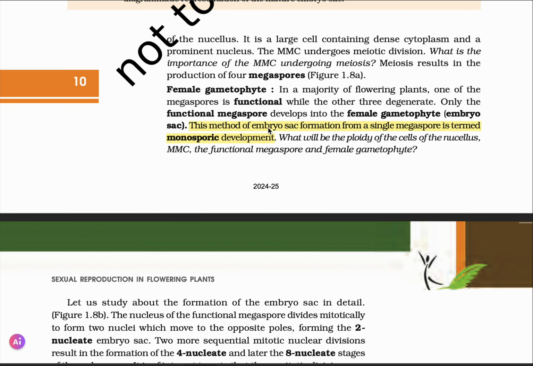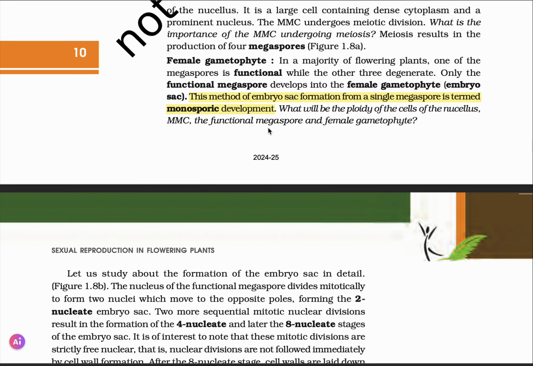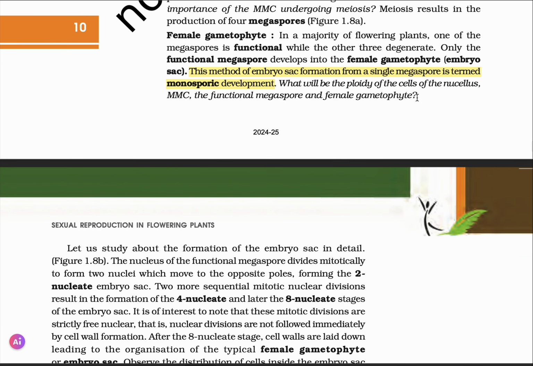The method of embryo sac formation from a single megaspore is termed monosporic development. What would be the ploidy of the cells of the nucellus, MMC, the functional megaspore and the female gametophyte?